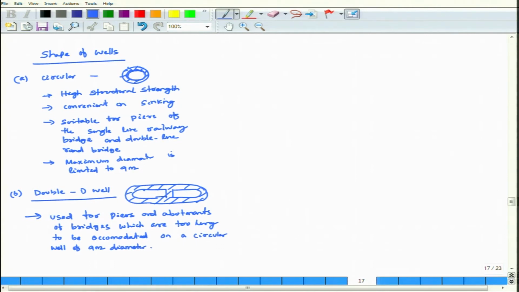Then the third is the double octagonal well. How does the double octagonal well look?